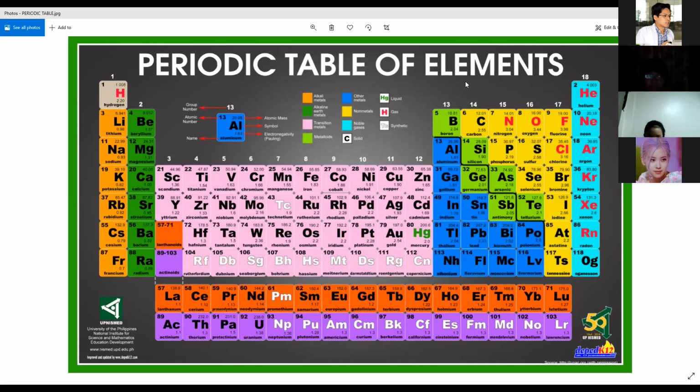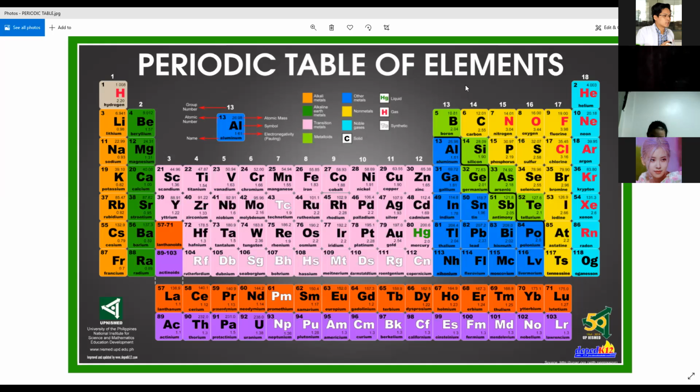For example, carbon which has an atomic mass of 12 alone, or 12.5. Those are called isotopes. So there are a lot of isotopes in a particular element. They are not exact. They are not a whole number because there are a lot of versions inside that particular element.